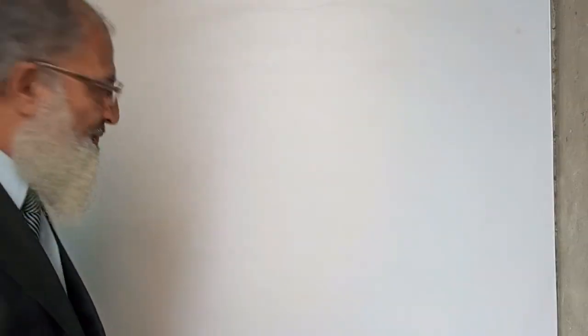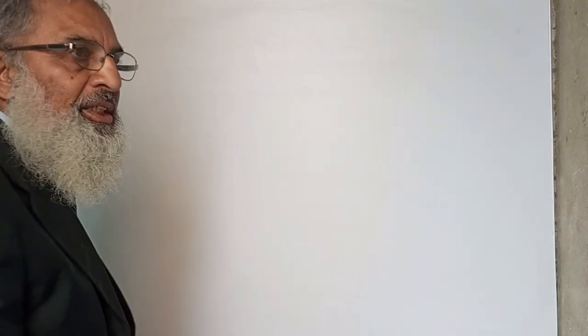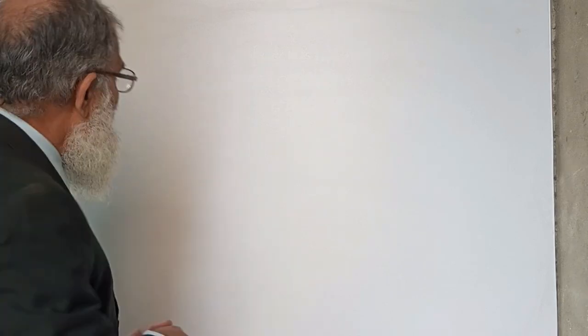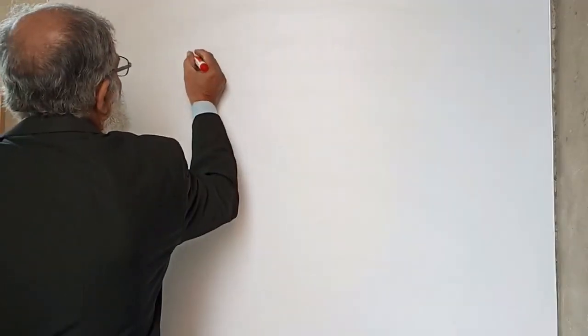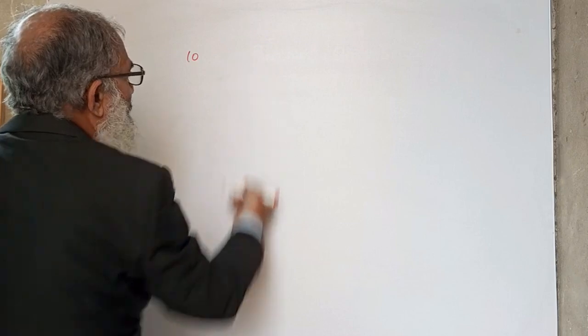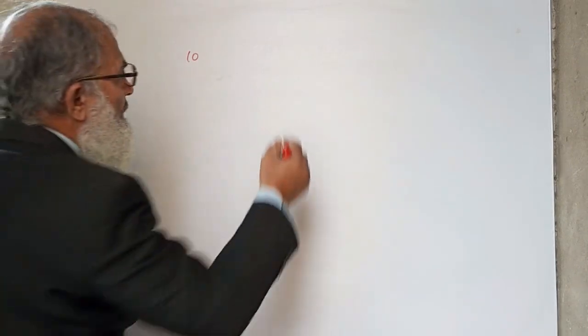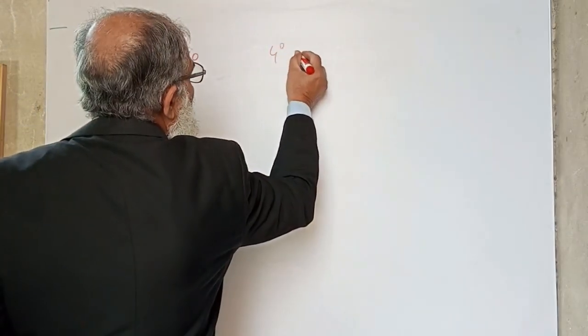Question number 10. At noon one day, the outside temperature is 4 degrees centigrade.